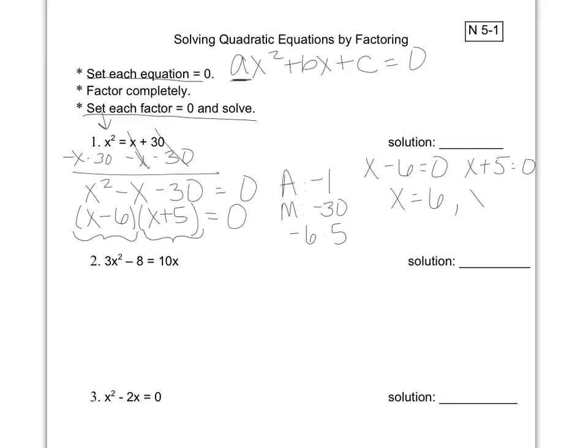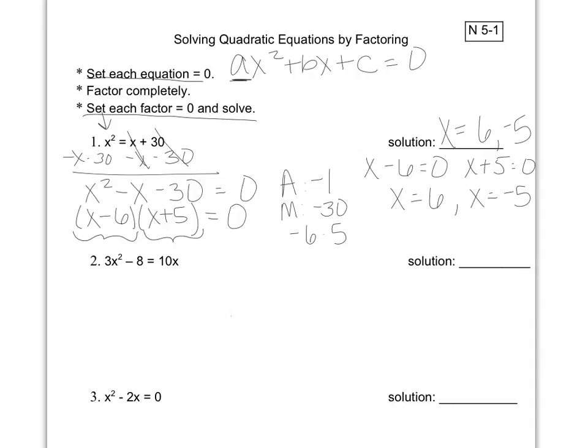And then this next one, x would equal -5. Okay, so once you factor, you're setting each factor equal to 0 to find what x equals. So your solution would be x equals 6 or -5. To check your solution, you can plug it back into your original equation, and it should be true.